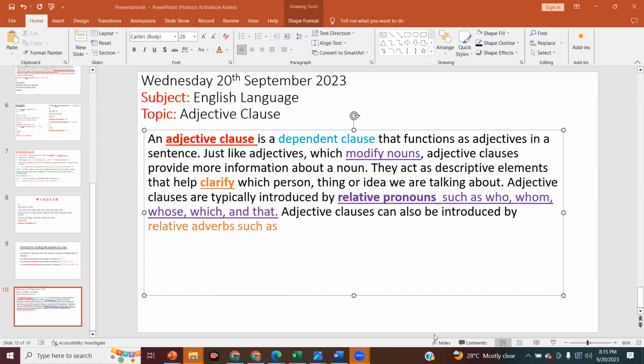A relative adverb is going to be something such as where, when, and why.